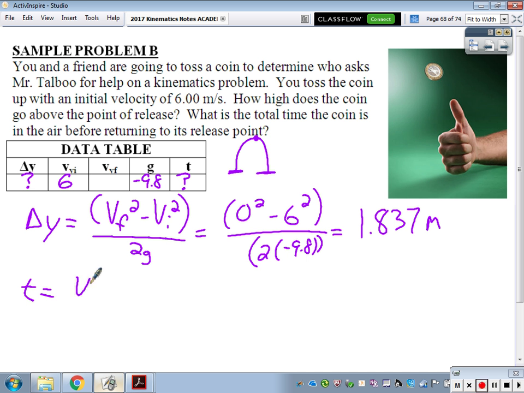So we can use V final minus V initial all over G. Where we could do negative 6 minus 6 all over negative 9.8, and that would give us the total time. Since we treat our initial point as the initial launch velocity, final velocity when we come back down. So, well, that should be a pretty simple calculation.